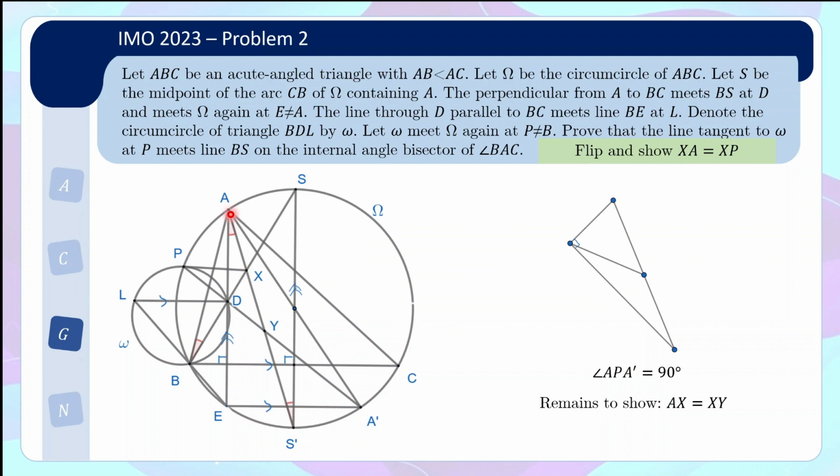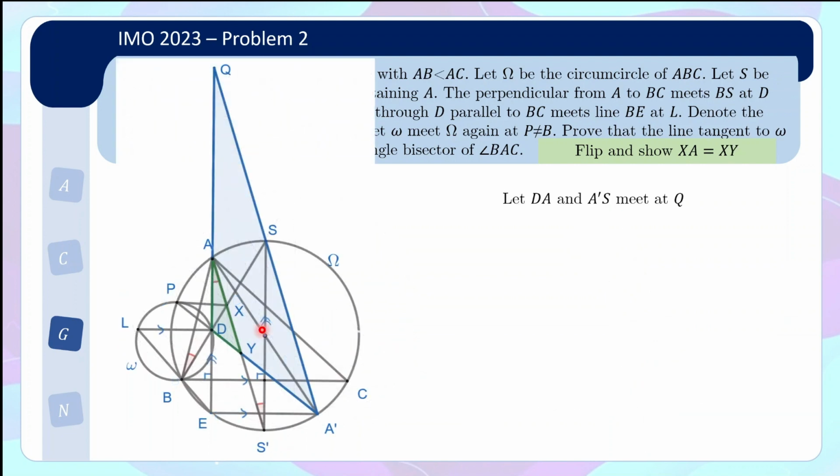We have a right angle, and we want to show that AX equals XY, because then we'll have AX equals XP equals XY equals the radius of that circumscribed circle. So we have further converted the problem now to showing that X is the midpoint of AY, which arguably is nicer because we are now dealing with points on a straight line.